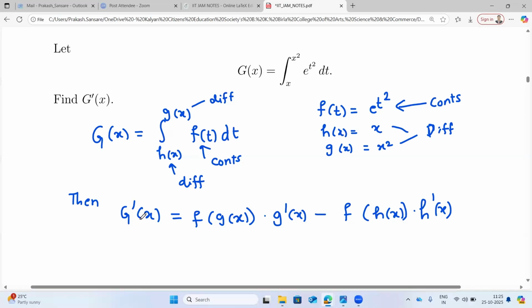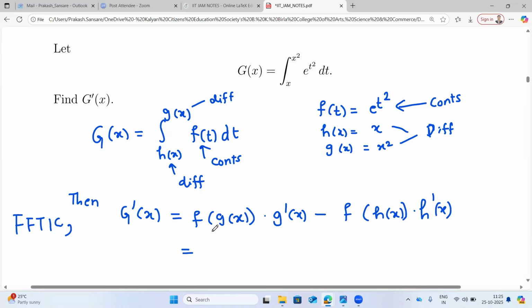So I can definitely apply the Leibniz rule, or basically the first fundamental theorem of integral calculus. It says that G dash x is equal to f evaluated at the upper limit g of x into g dash x minus f evaluated at h of x into h dash x.